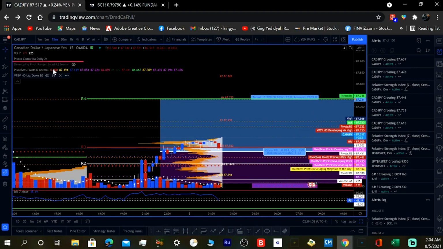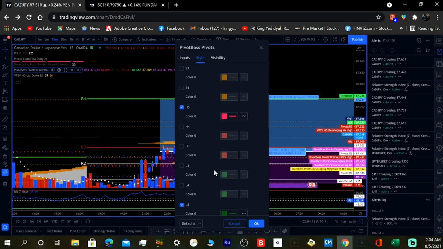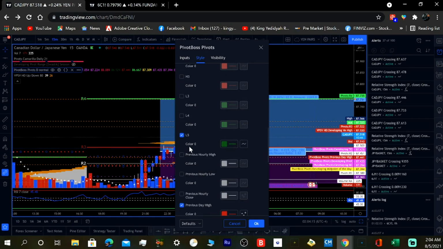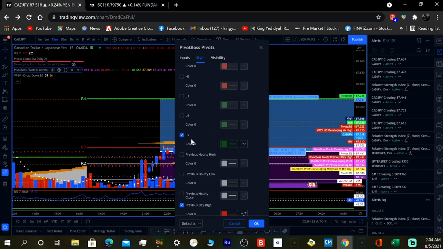Let's make sure my H5, or my R5, is on. So my R5 and my L5, right, it says H5, but on the Camarilla levels it's actually resistance, so it's R5 and S5.